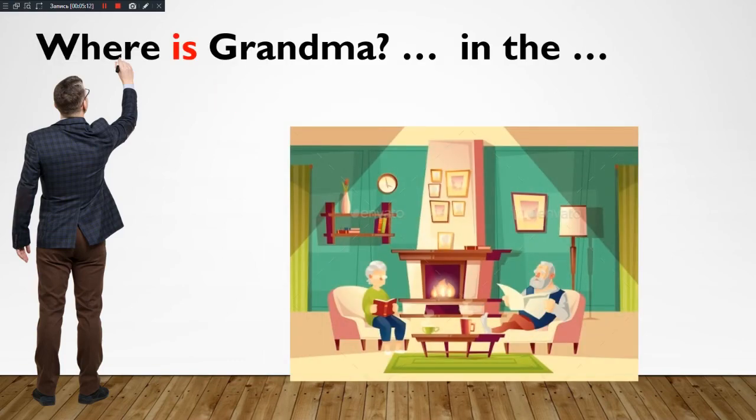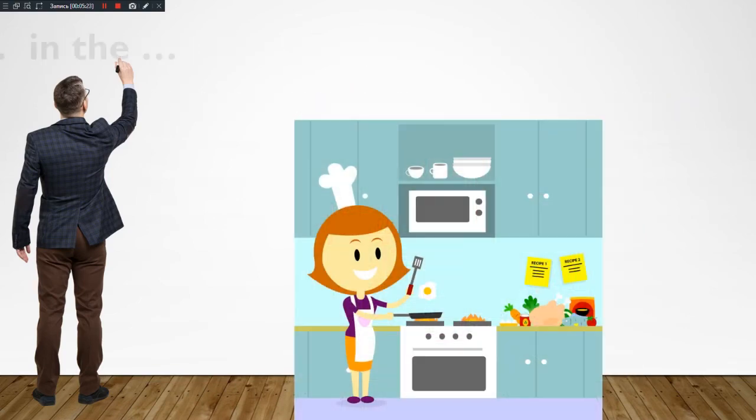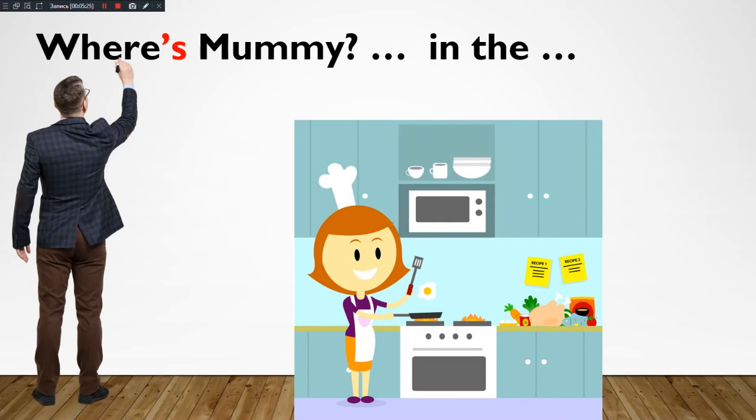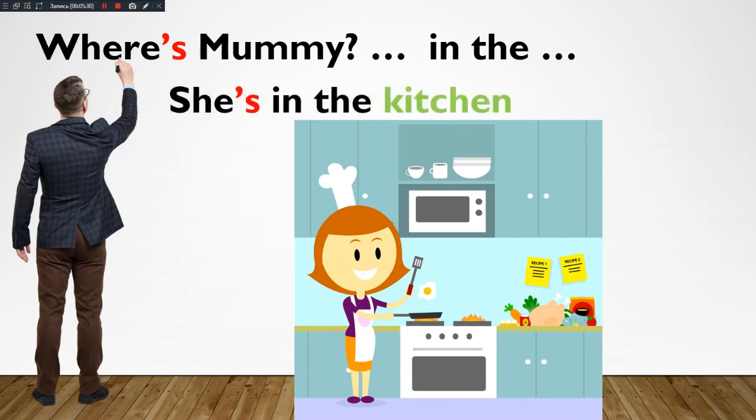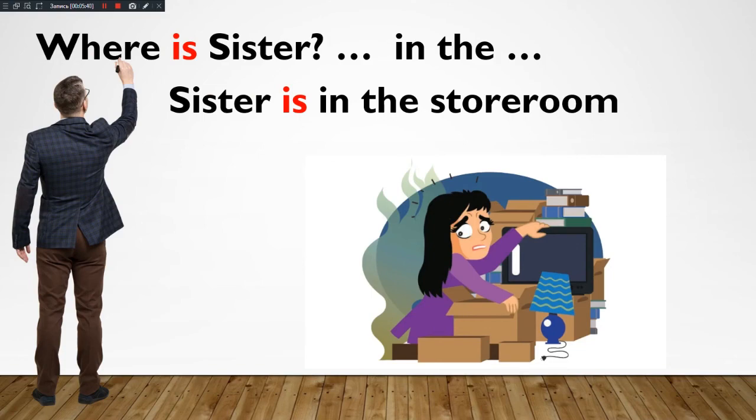The next is where is grandma? Grandma is in the living room. Where is mommy? She is in the kitchen. Where is the sister? Sister is in the storeroom.